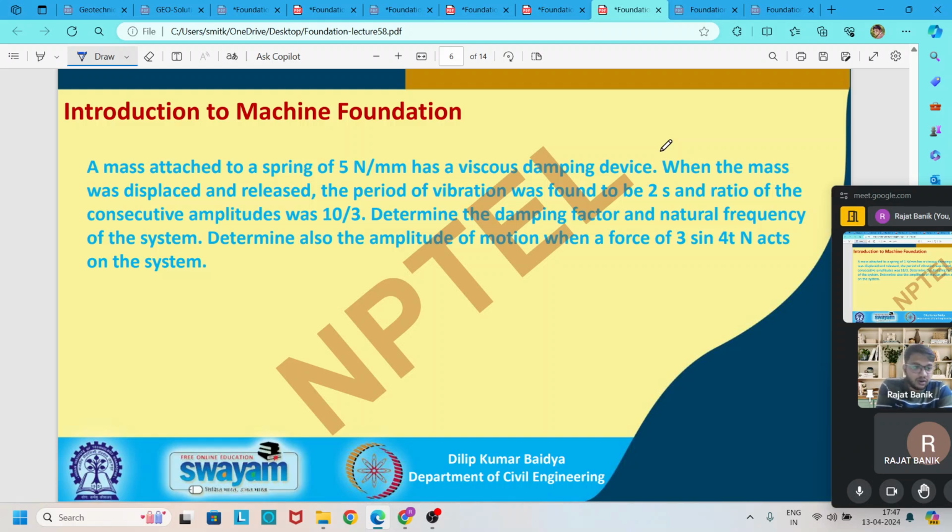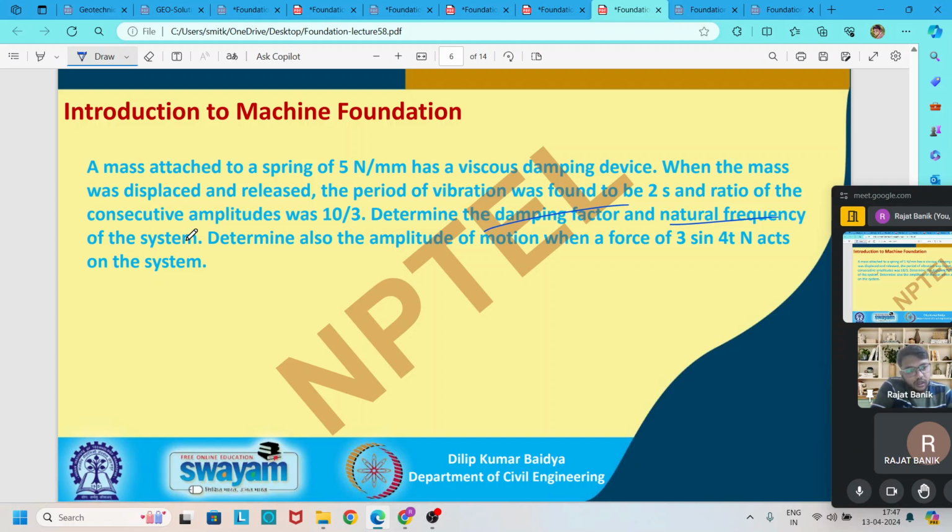So we have to find the force amplitude and amplitude of this system, and I think this is related to the constant force system for damped forced vibration. So first we have to find the damping factor, then the natural frequency of the system.